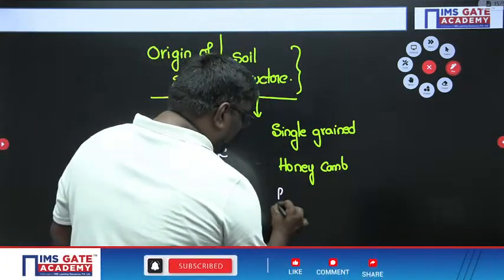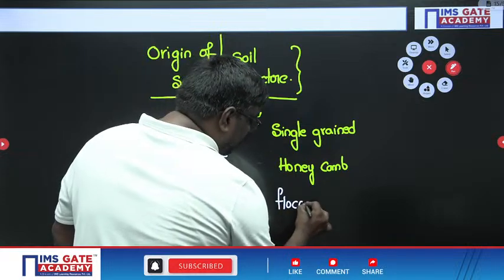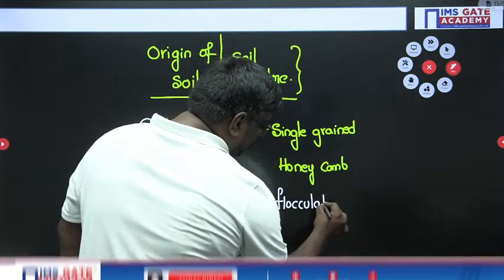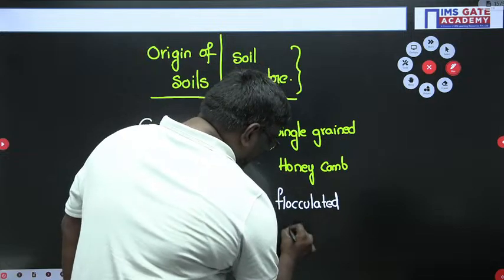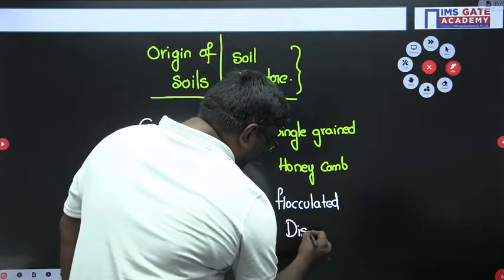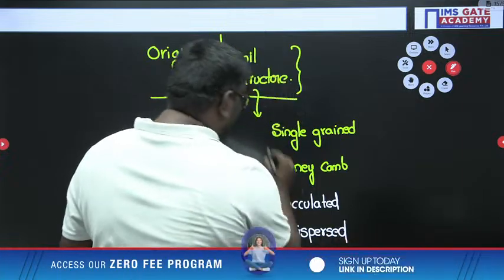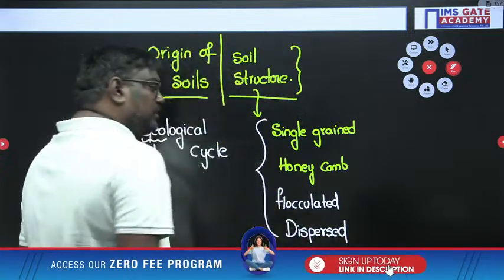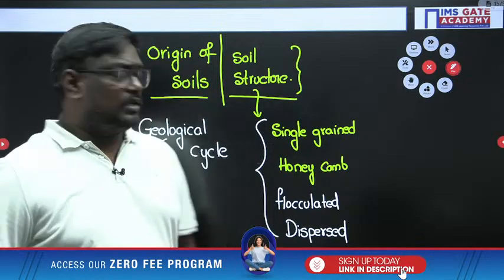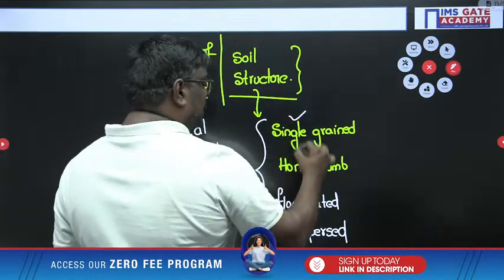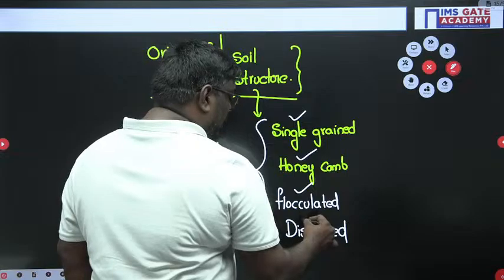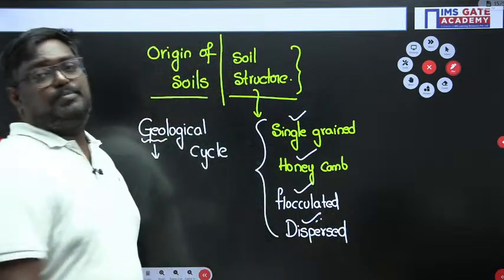Next we have the flocculated structure. And next we have the dispersed structure. So my dear students, we have different structures: single grain structure, honeycomb structure, flocculated structure and dispersed structure.